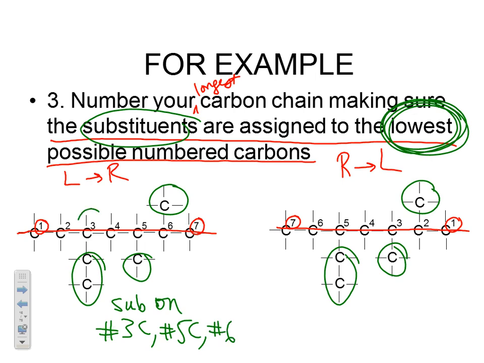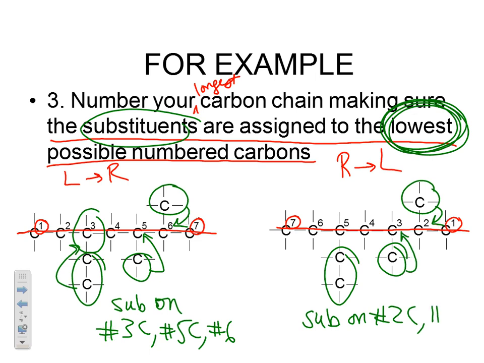This is the substituent that's on number 3, the substituent that's on number 5, and this is the substituent that's on number 6. On the one on the right, I've got my substituents on my number 2 carbon, on my number 3 carbon, and on my number 5 carbon.